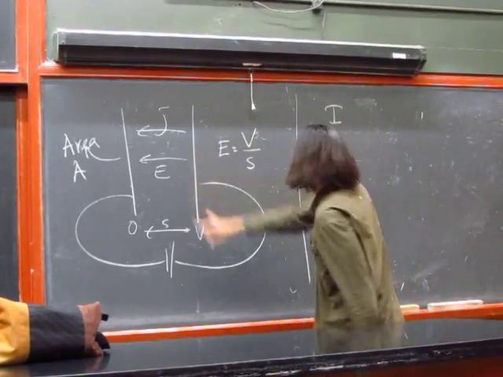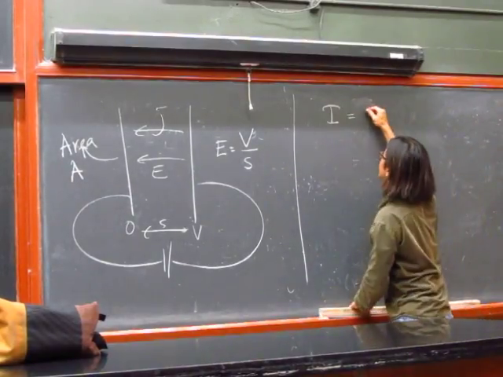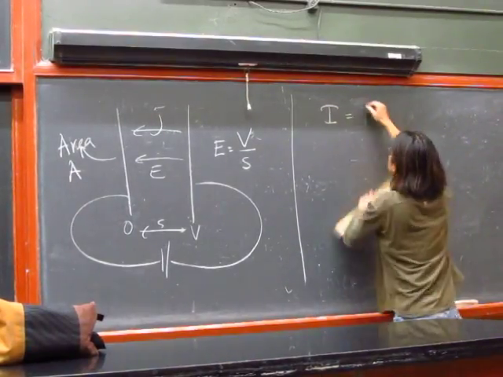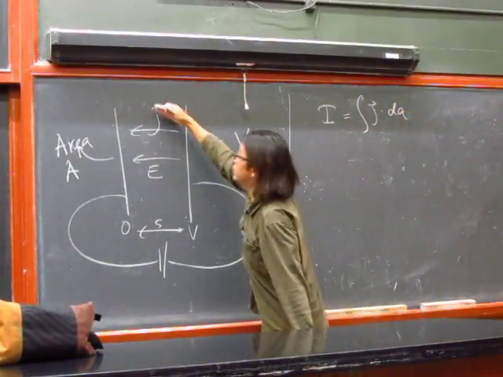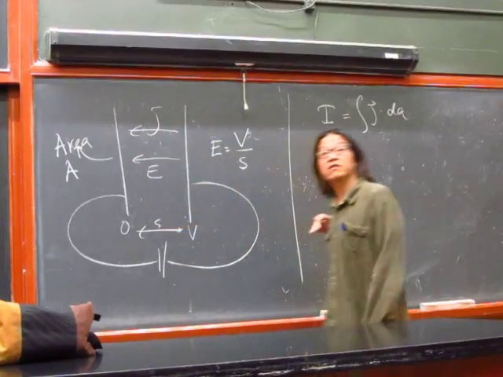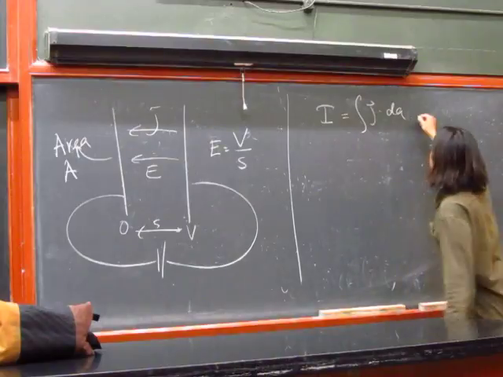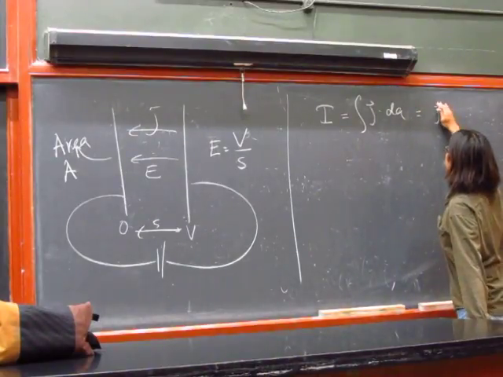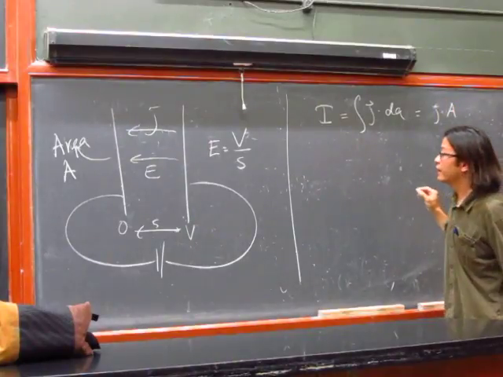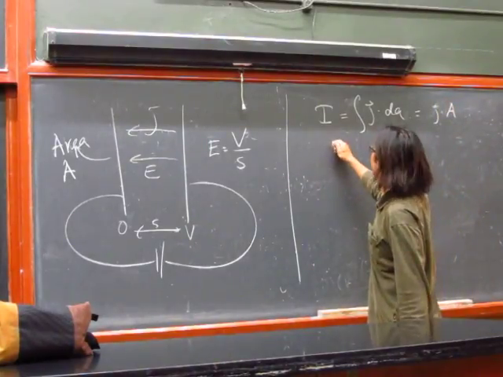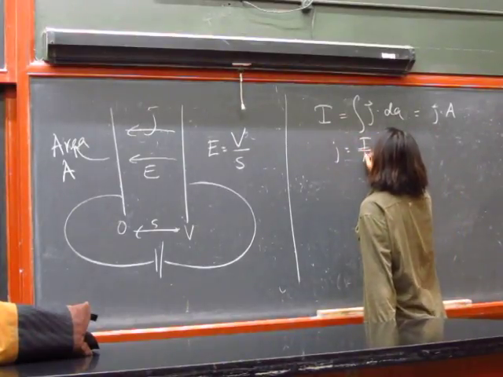Recall from before, the total current is just the integral of J dA. But in this case J is constant throughout, since it's linear in E, so this is just J times the area. And so J is equal to I over A.